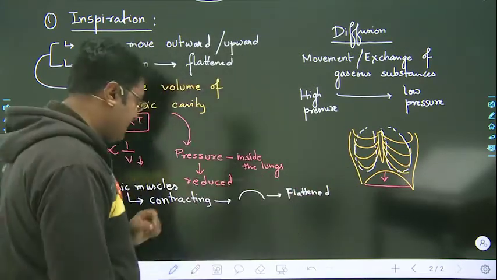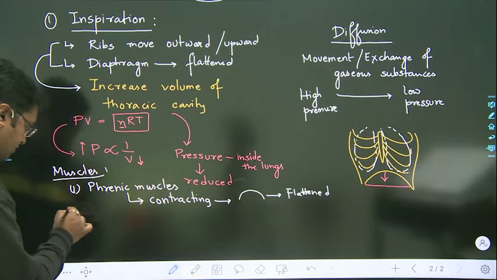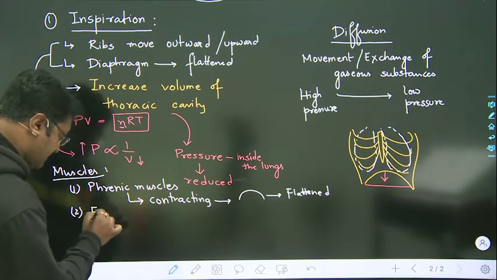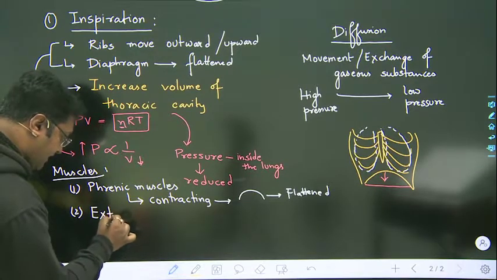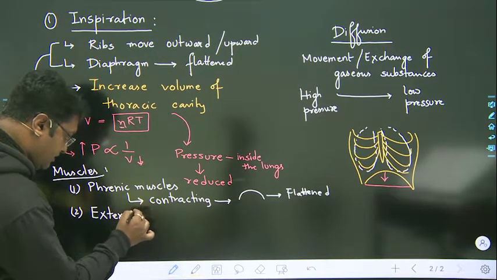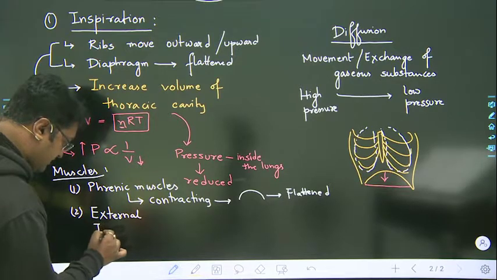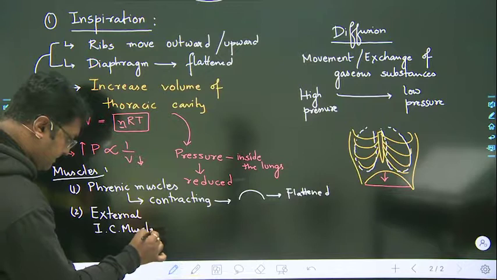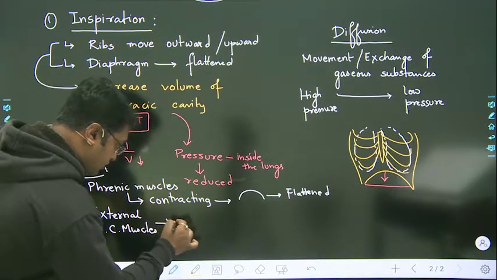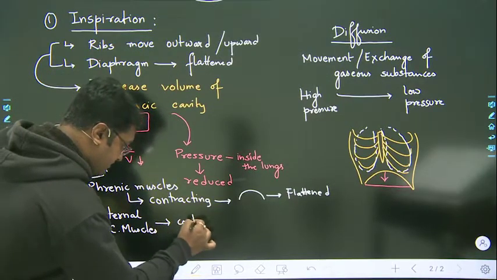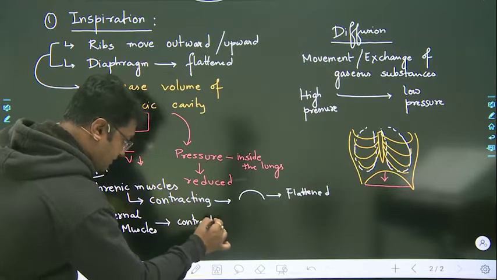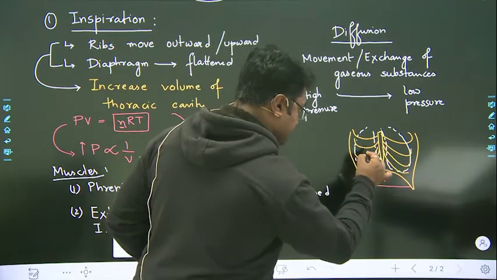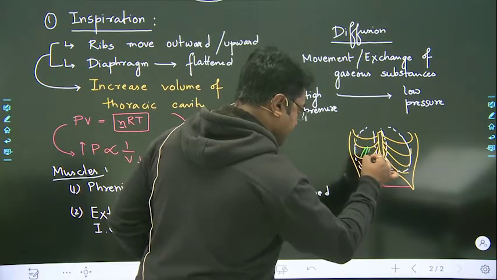Clear, first of all? Next, number 2 will be the working of the external intercostal muscles. I can write it like this. They also get contracted.